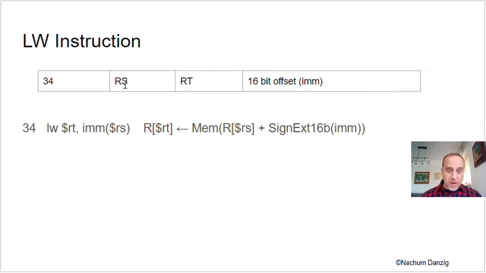Then we have the RS register and the RT register. In other words, this could be 8 and this could be 9, which would mean T0 and T1 would be the registers that I am writing here. But what does it mean? So here's how you write the command.